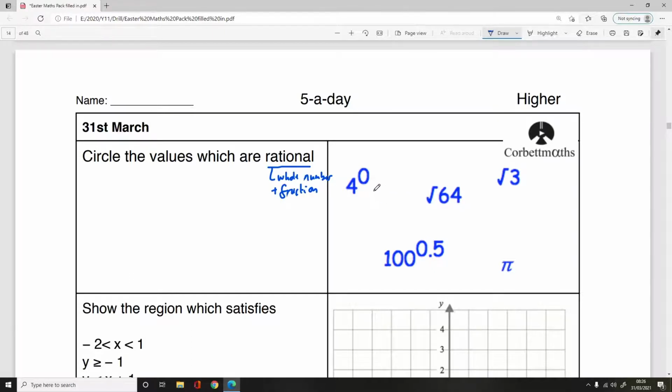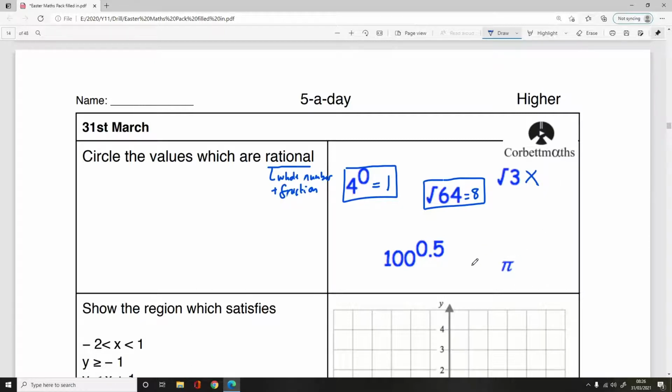4 to the power of 0, well, anything to the power of 0 is 1, so that is a whole number. Square root of 64, that's 8, that is a whole number. Square root of 3 doesn't have a nice square root, so that is not going to be a nice fraction.